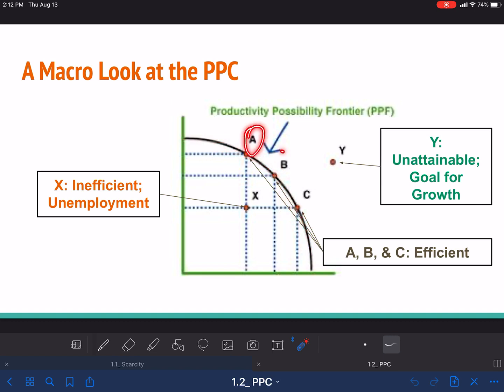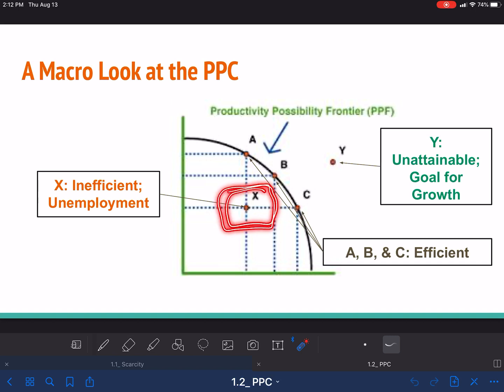Points A, B, and C are all sitting right on the efficiency curve. So anything along this curve here is fully efficient. That means we are using our limited resources wisely. We are not wasting anything, and we're being 100% efficient.